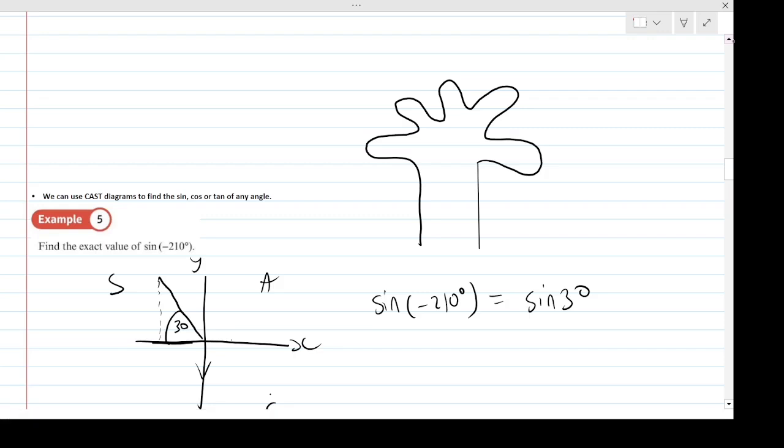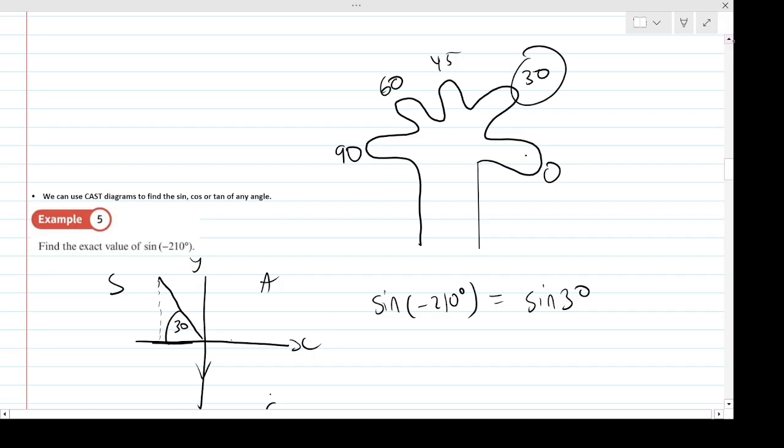Anyway, again, we're going to label our five fingers. They are fingers at 0, 30, 45, 60, 90. As always, that's what we'll always be doing. We're going to start at 0 because it's sine, and then work our way around. So we want the angle 30.